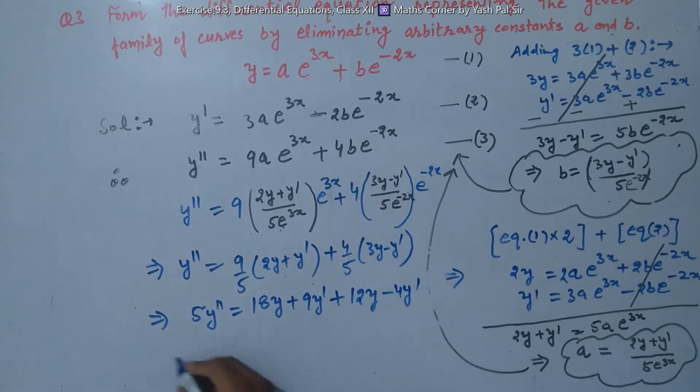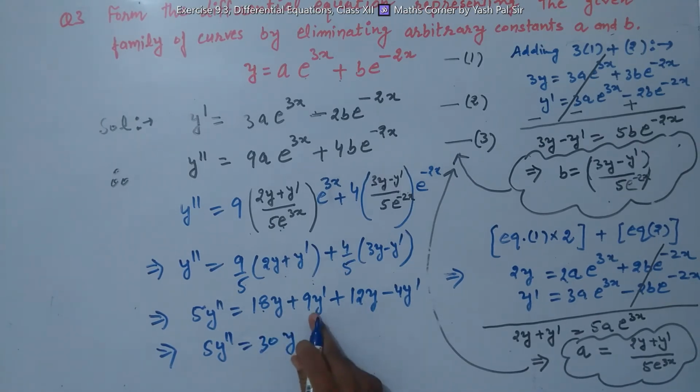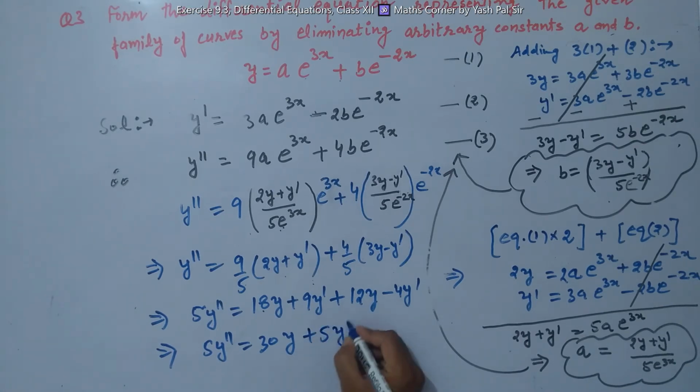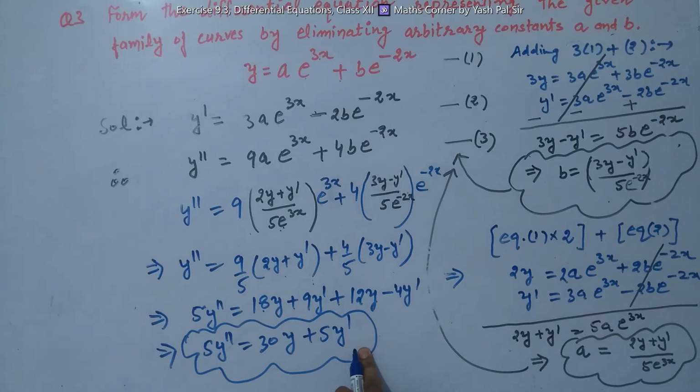So this means we have 5y double dash is equal to 18 plus 12, 30y, and 9 minus 4, what is this? 9 minus 4 is equal to 5y dash. So this is the required differential equation. In this differential equation there is no role of arbitrary constants a and b, they are not visible. So this is the desired differential equation.